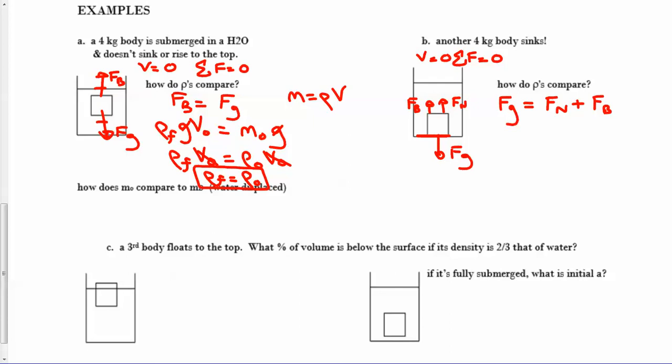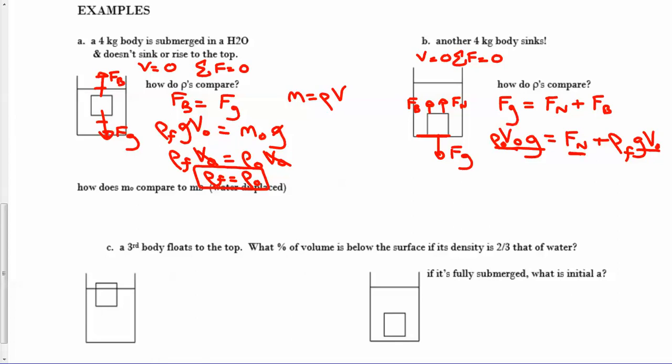And I know the force of gravity is the density times the volume of the object times g, so this is mg, which is equal to the normal force plus the density of the fluid times g times the volume of the object. So here's what's important. We have the volume of the object times g on that side, and the volume of the object times g on the other side. But on this side of the equation, we have this normal force.